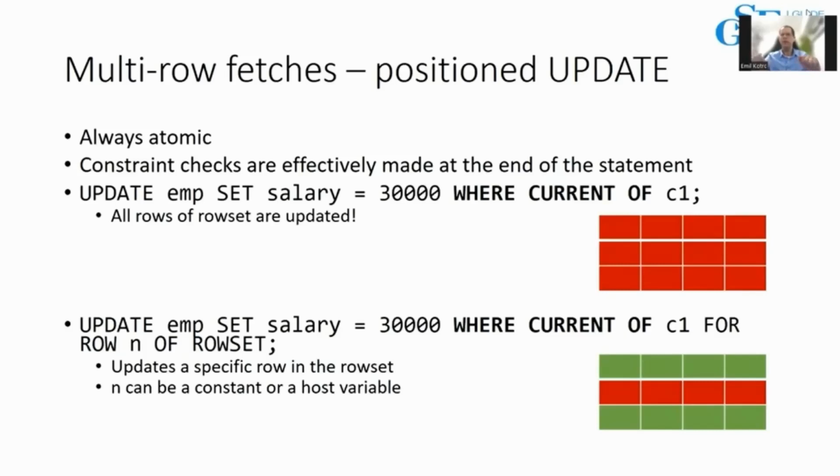I specify the WHERE CURRENT OF clause, which really means I want to update all the rows of the row set. The second example is selective. I just specify the specific row I want to update from the row set, in this case some row in the middle. The n can be a constant or a host variable, so I can update a specific row in a row set.